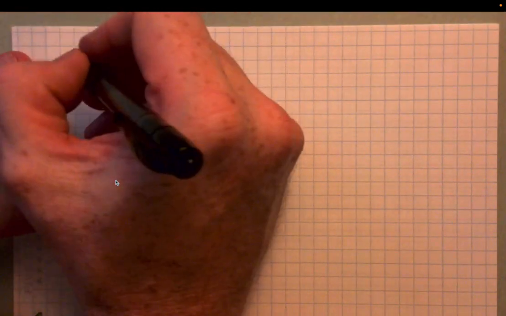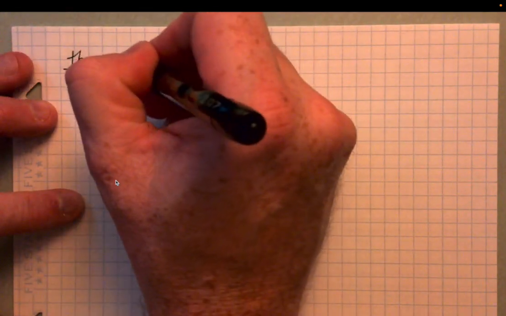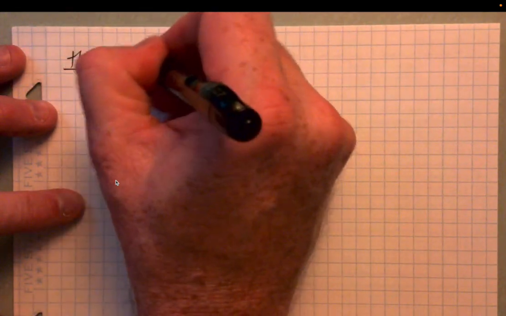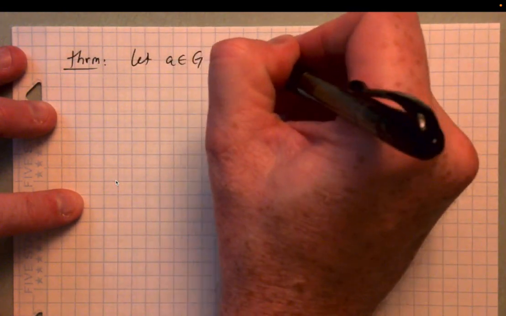Where we left off, we had just proven a theorem. Let me write down what we just proved. The theorem we just showed said that a is an element of a group, and the order of a is n.